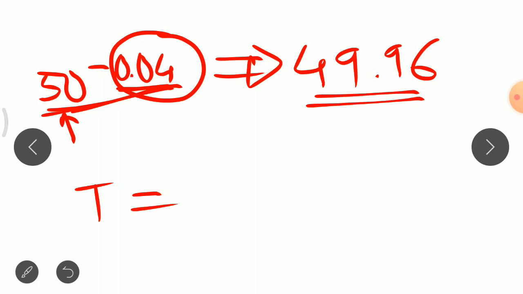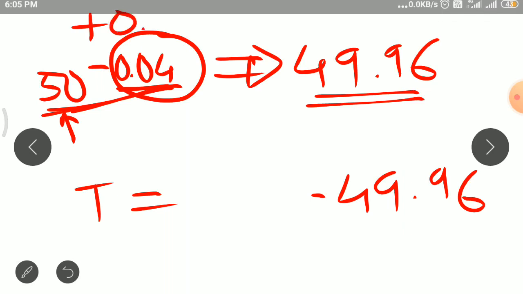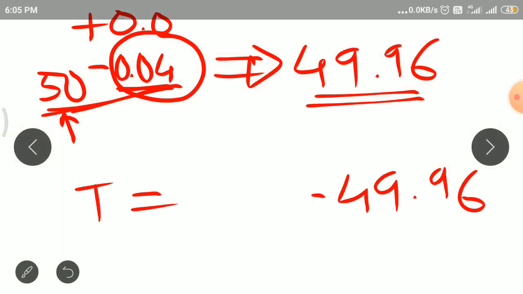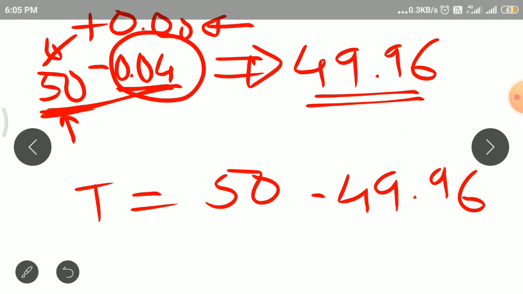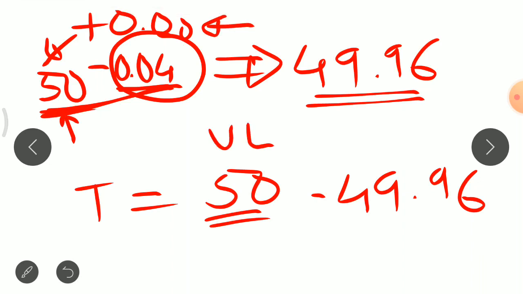We have the lower limit, that is 49.96, but we don't have the upper limit. In such conditions, take the plus value as 0.00, and after that the upper limit becomes 50. How? We just add this plus value to the basic size. Now we have two values, the upper limit or maximum limit and the lower limit or minimum limit, and now we can get the value of tolerance.